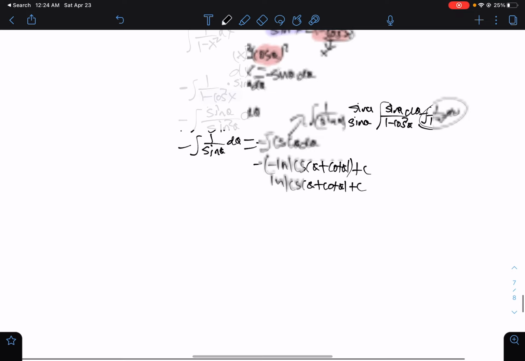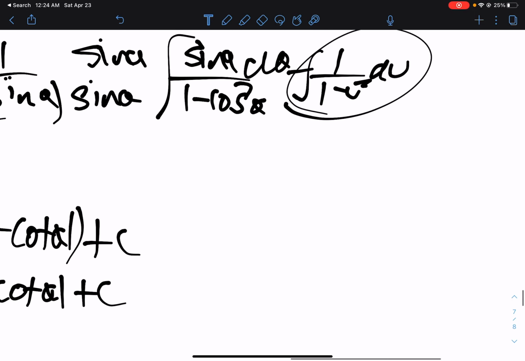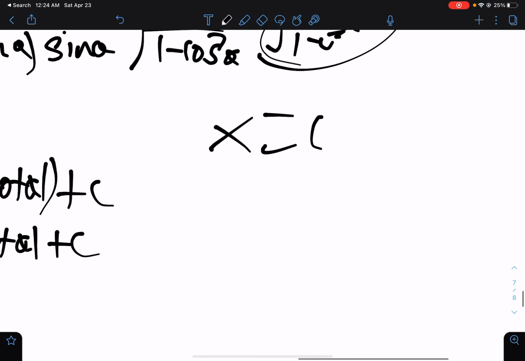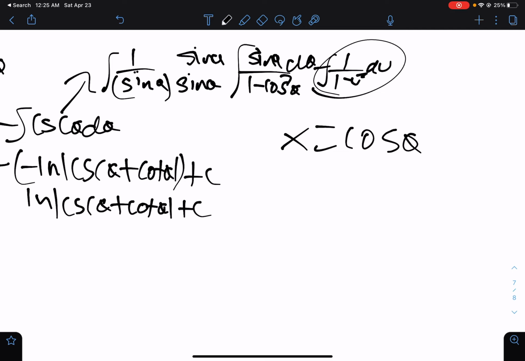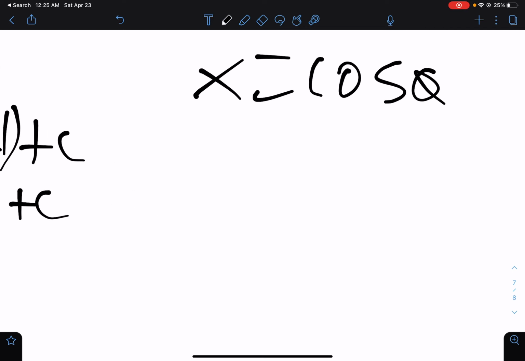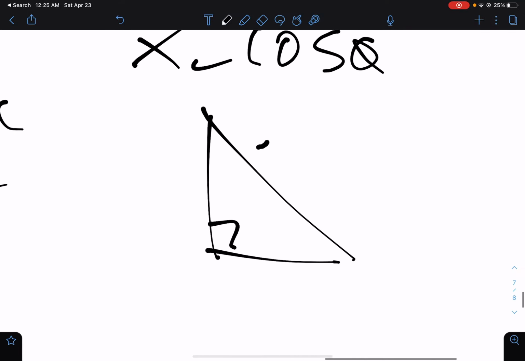So anyhow, we need to now work back to get within our x world. So x we said was cosine theta, and we are interested in the cosecant of theta and the cotangent of theta. So I'm going to utilize a right triangle to help me here. This is the standard method. The cosine, by definition, is your adjacent over your hypotenuse side.